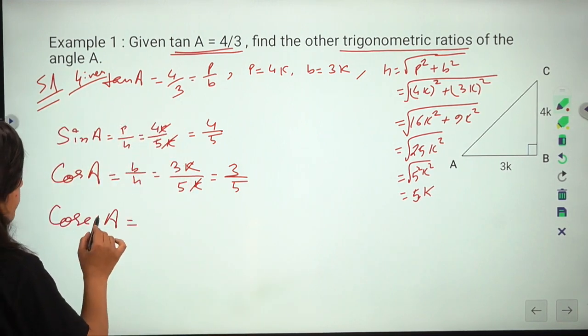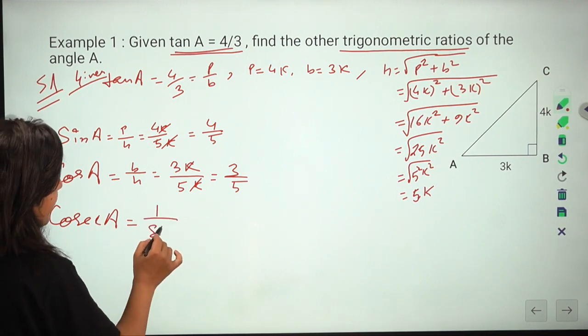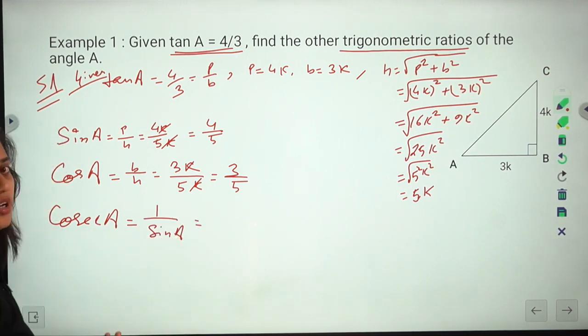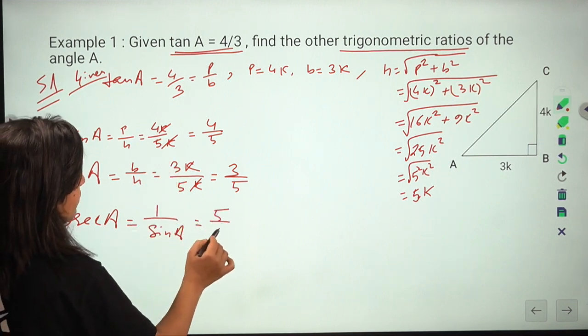Cosec A. Cosec A means 1 by sin A. So just the reciprocal of sin, that is 5 by 4.